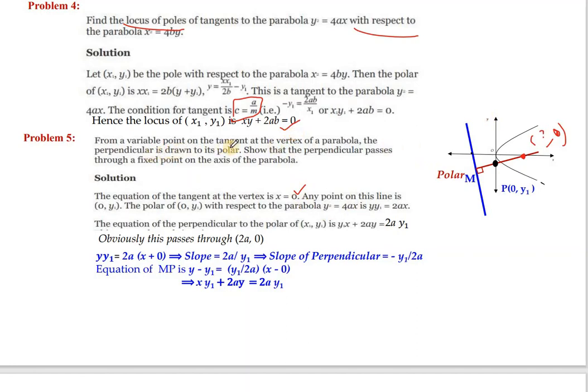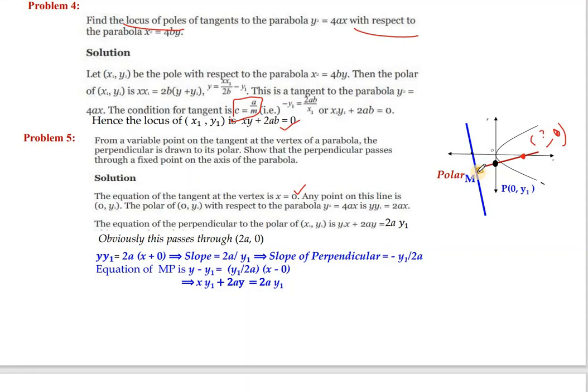Okay, the perpendicular is drawn to its polar. So you take some point, we shall name this P of 0, y1. From here, perpendicular is drawn to the polar. So we shall have the polar to be something like this for this point, and you are drawing a line perpendicular to this.